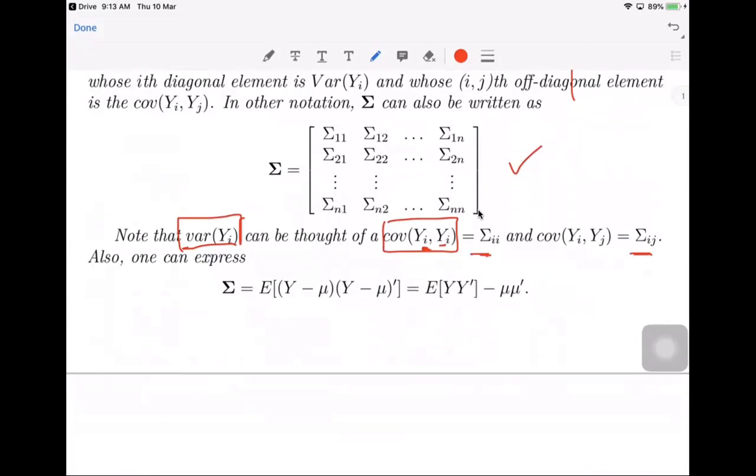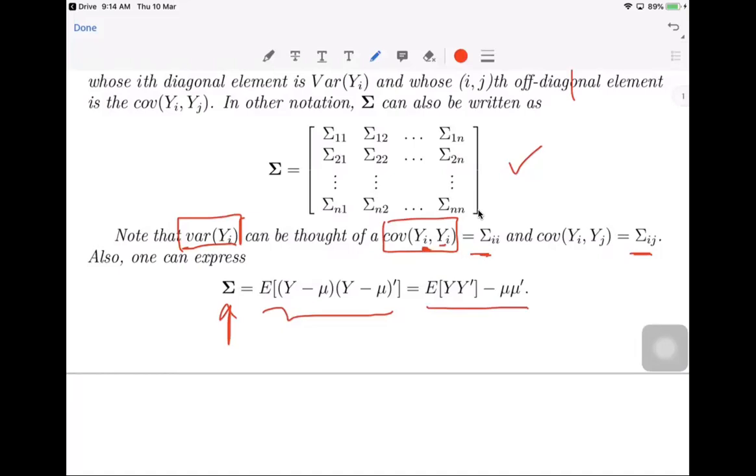In terms of expectation, the covariance is the expectation of y minus mu times y minus mu prime. As a computational formula, you can solve the covariance by the expectation of yy prime minus mu mu prime.